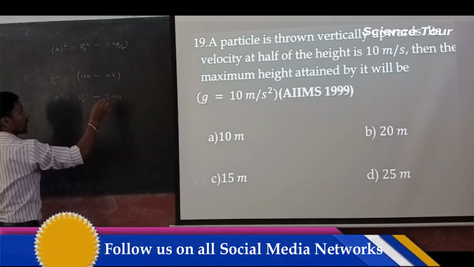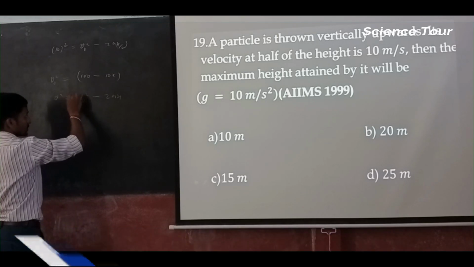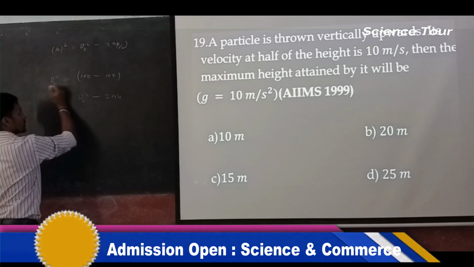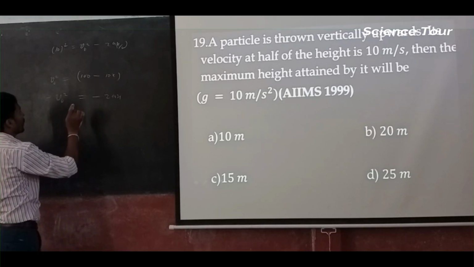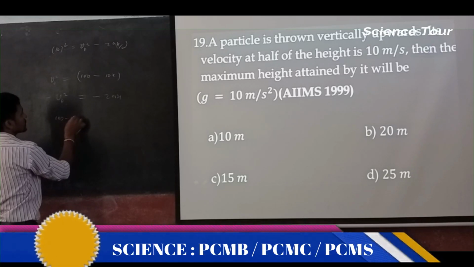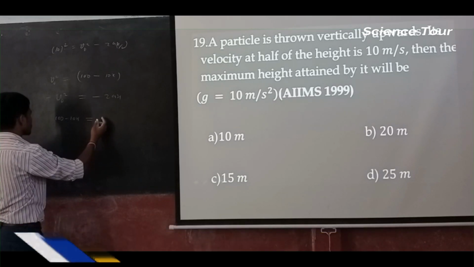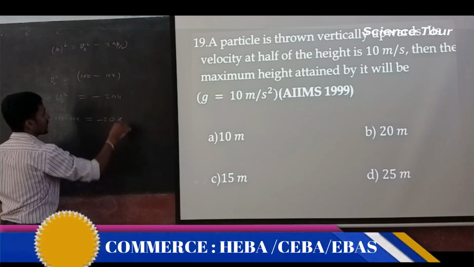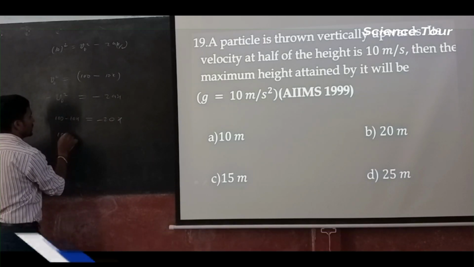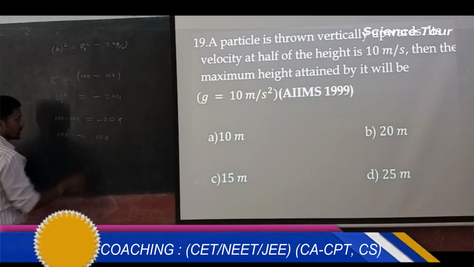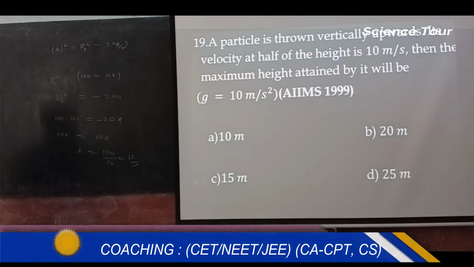I am not going to apply any sign for x, because I have to find it out. At the maximum height v is 0, so v naught square is 100 minus 10x, and it equals 20x. So 100 is equal to 10x plus 20x minus, and x is equal to 100 divided by 10, which is equal to 10 meters.